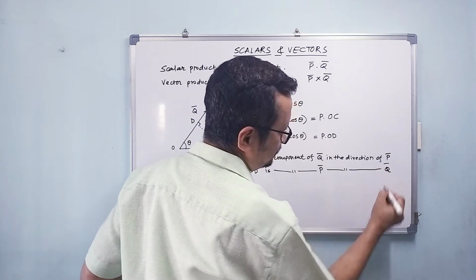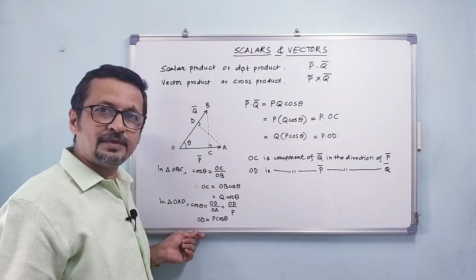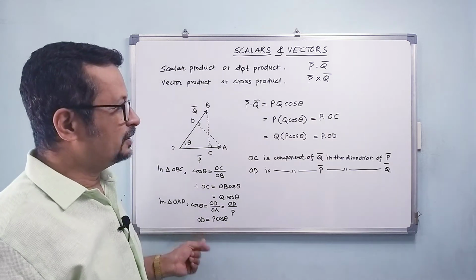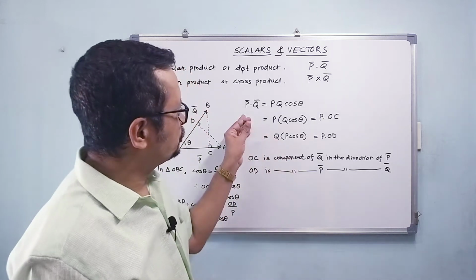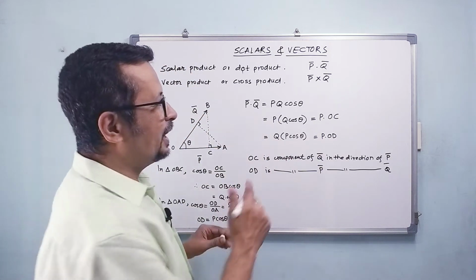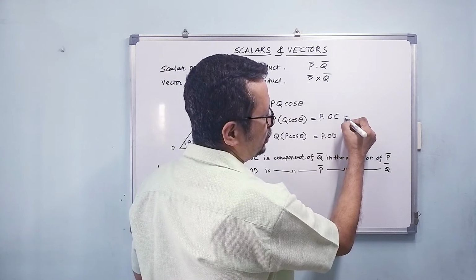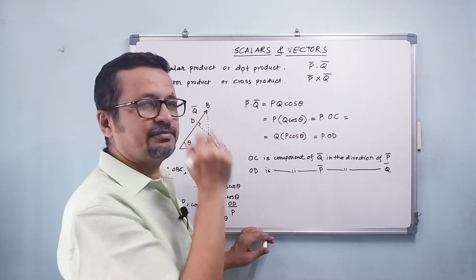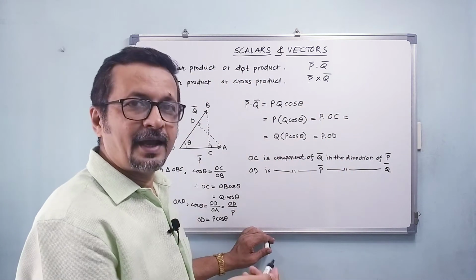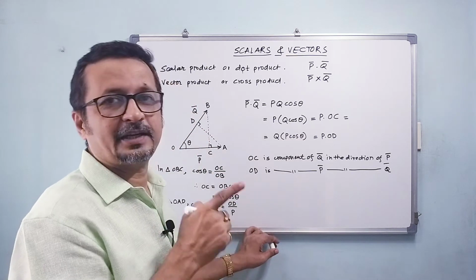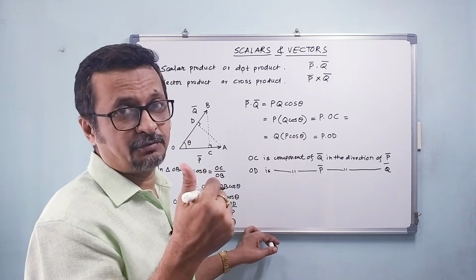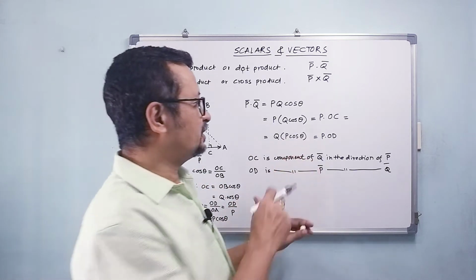So when we define the scalar product of these two vectors P bar and Q bar, it is the product of the magnitude of the first vector and the component of the second vector in the direction of the first vector.